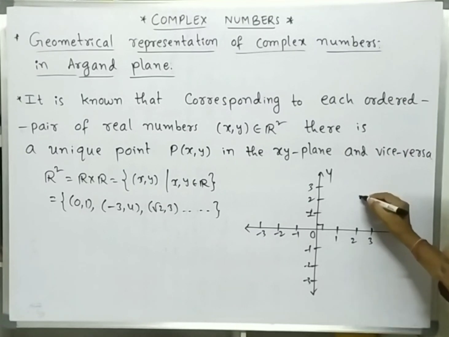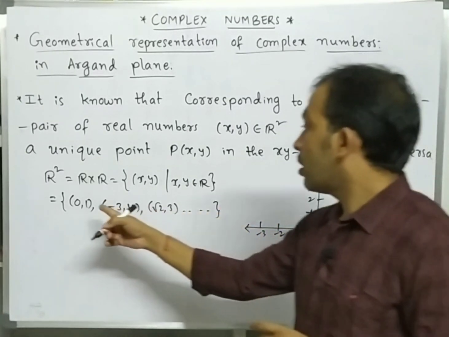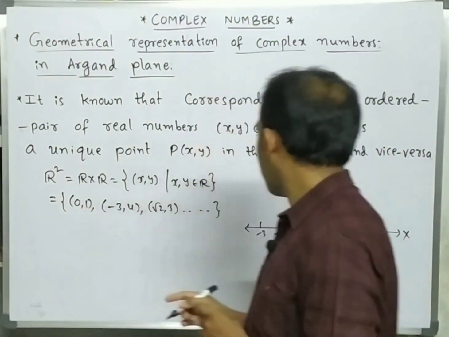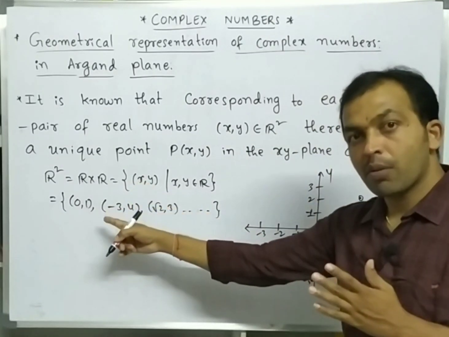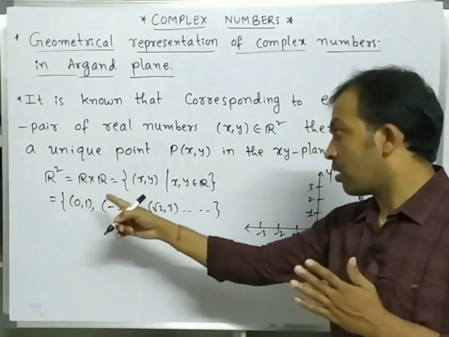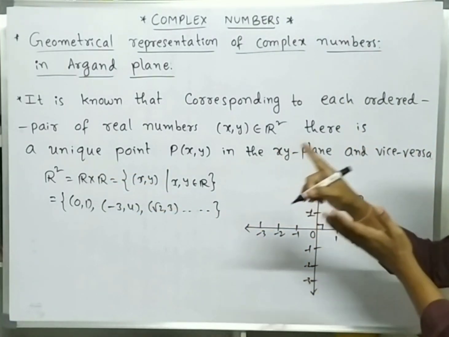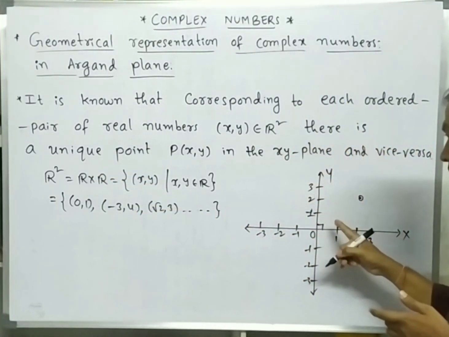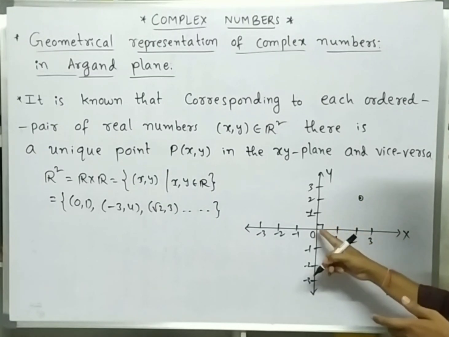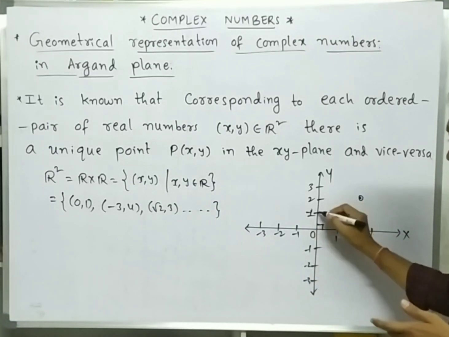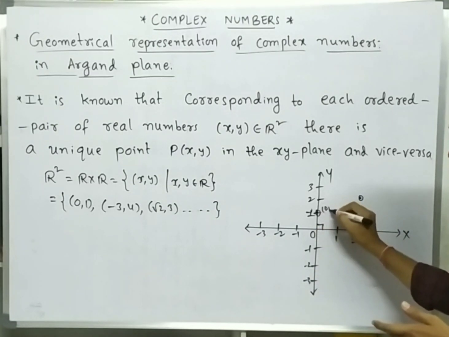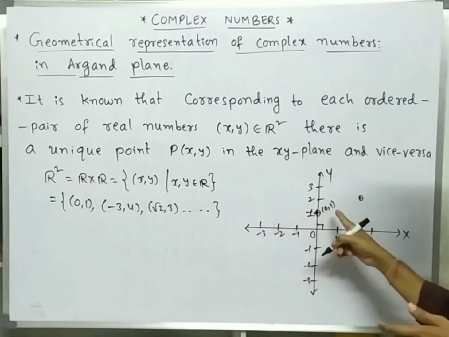Let us take the point (0, 1). I am taking an ordered pair in R square: (0, 1) belongs to R square. Corresponding to that (0, 1) we have a point in the xy plane, a unique point, uniquely represented.